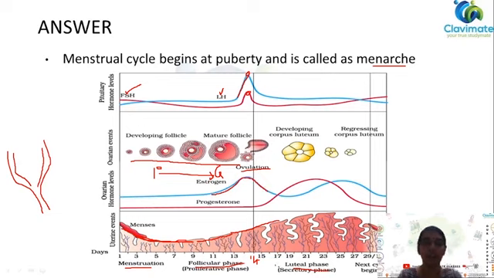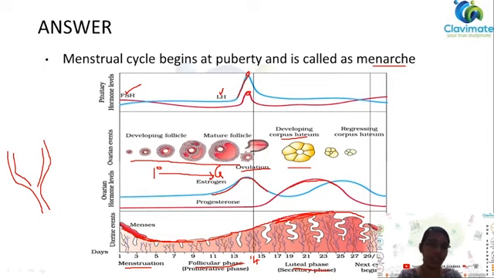After this you have the luteal phase. In the luteal phase you have the corpus luteum. Where does the corpus luteum come from? From the Graafian follicle. When the corpus luteum comes, the hormone progesterone is produced. Progesterone stabilizes or maintains the endometrial layer for implantation.